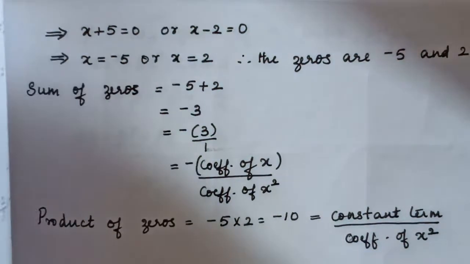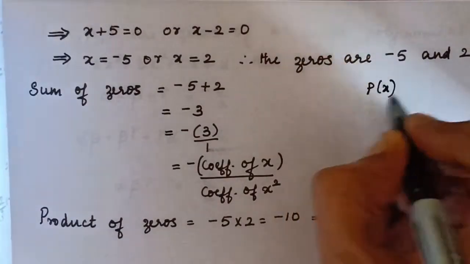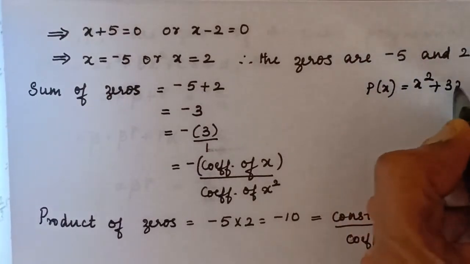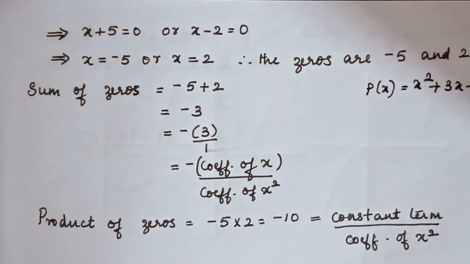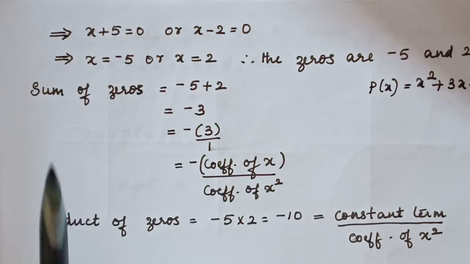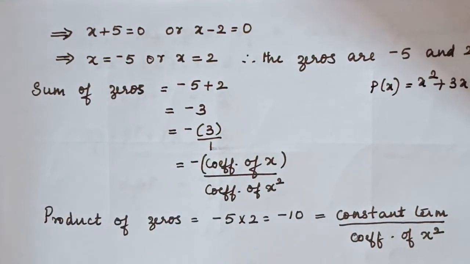Now I will write the polynomial over here, that is our polynomial is p of x is equal to x squared plus 3x minus 10. So the zeros are minus 5 and 2. Now we will see the sum of the zeros.